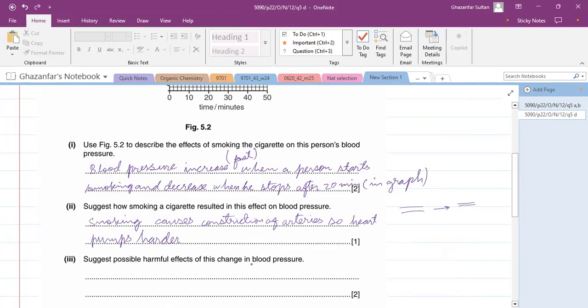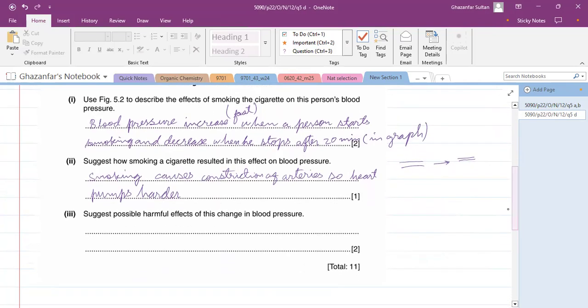Suggest possible harmful effects of the change in blood pressure. This is a well-known fact that increase in blood pressure causes several effects. The prolonged raise of blood pressure damages the capillaries, and ultimately it can damage the kidneys, brain, and have bad effects on the heart. So many harmful effects are there.